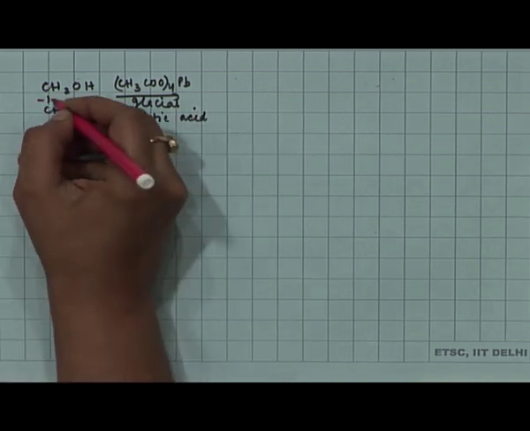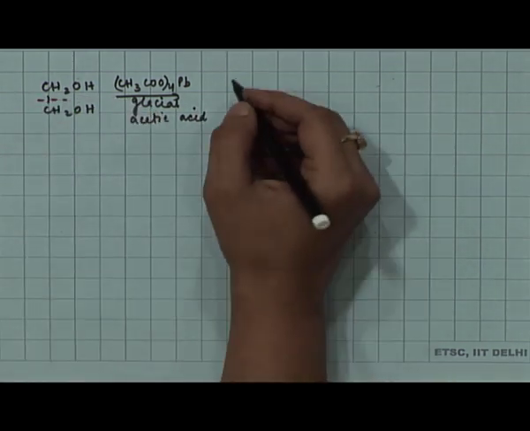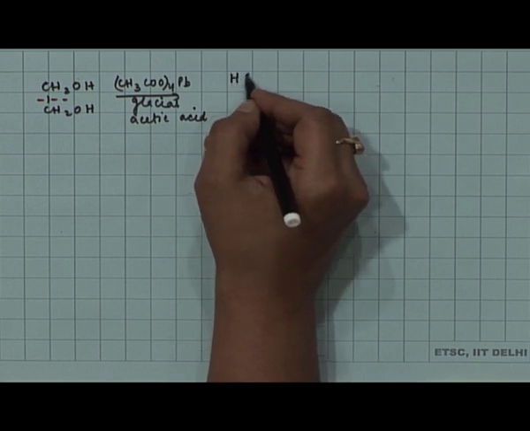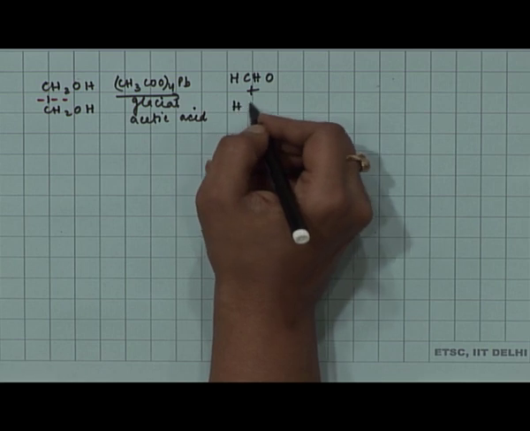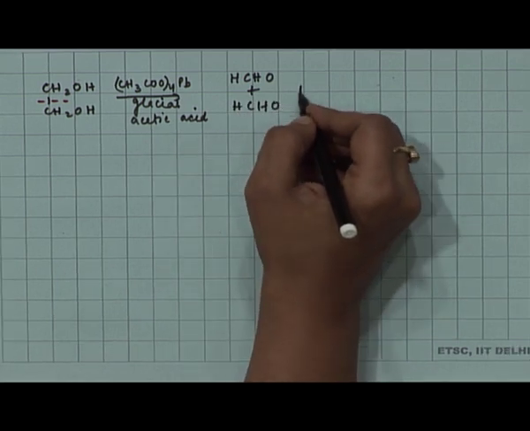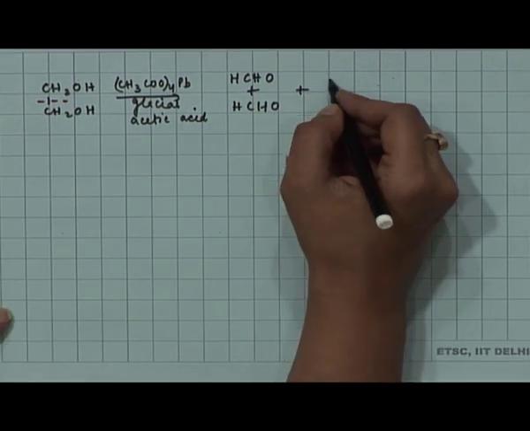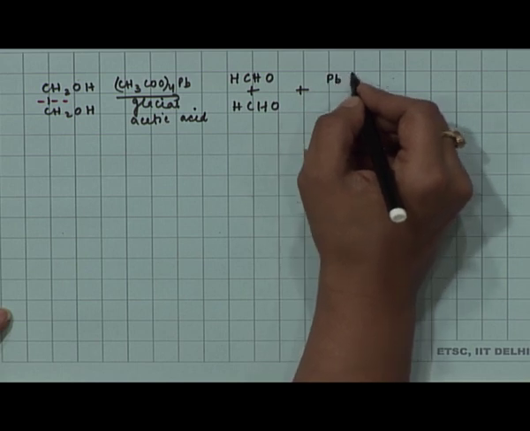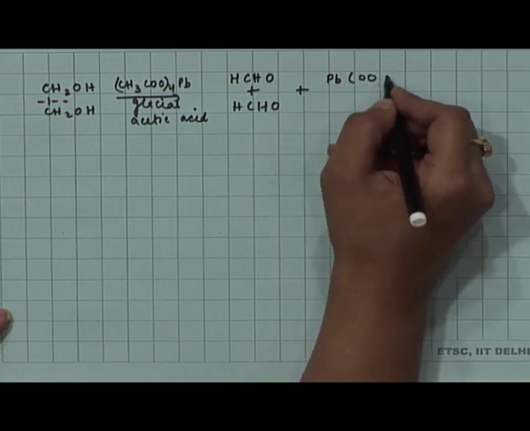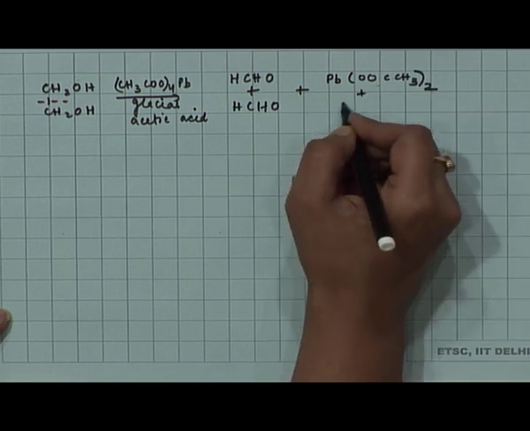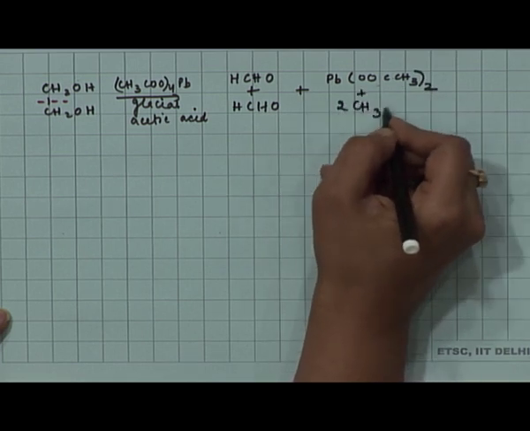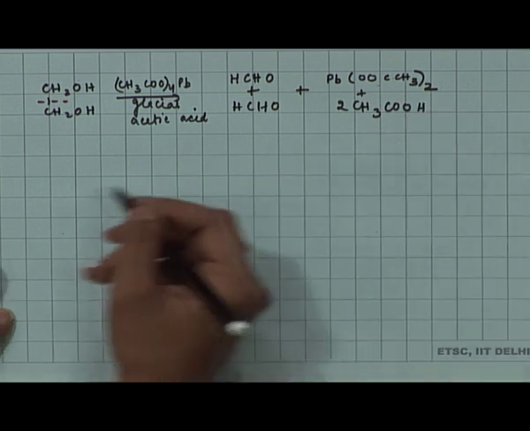As was happening with periodic acid, you get this carbon-carbon cleavage giving you 2 molecules of formaldehyde, and lead tetraacetate is reduced to lead diacetate along with formation of 2 molecules of acetic acid which are released.